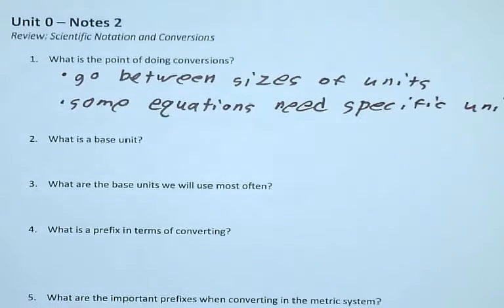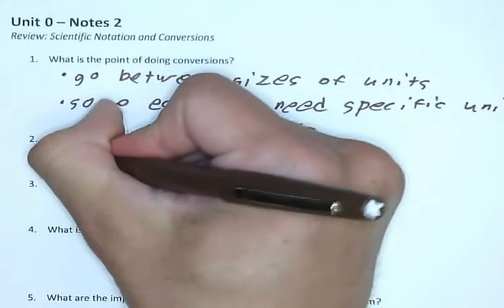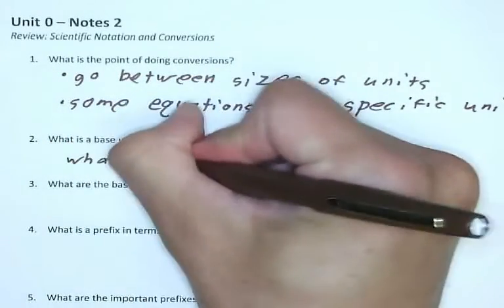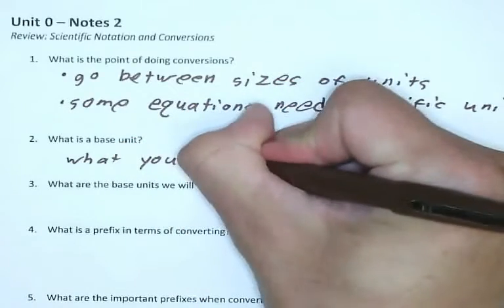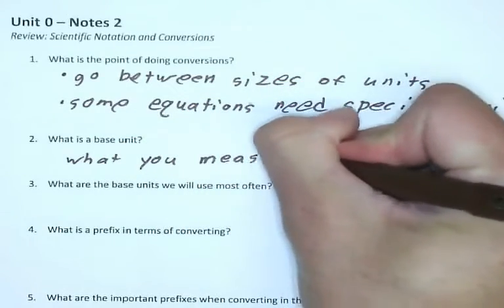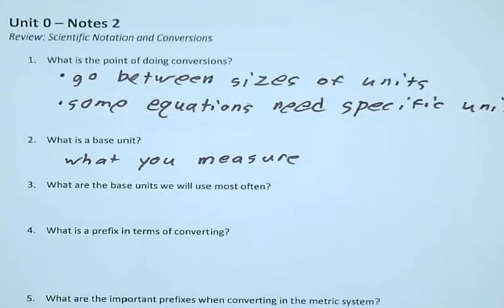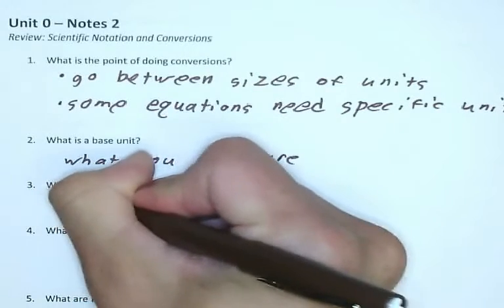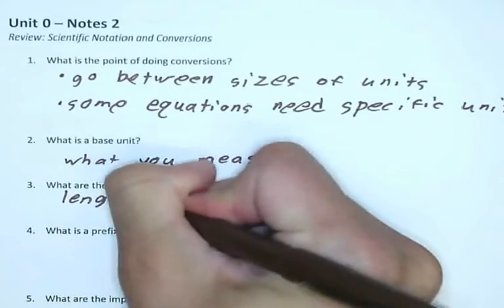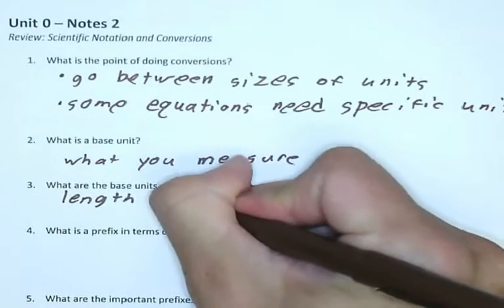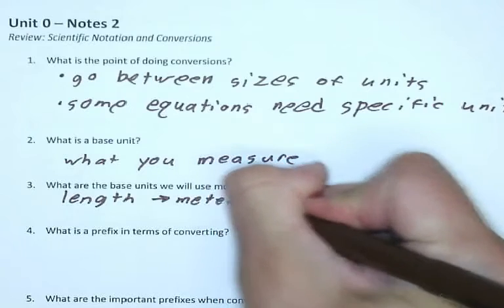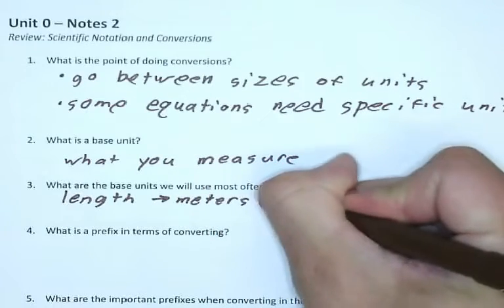So what's a base unit? The base unit is what you measure. So for example, if you measure length, you do that in meters, and the symbol for meters is a lowercase m.